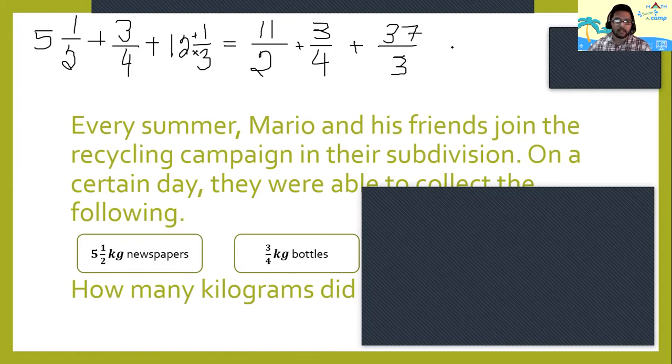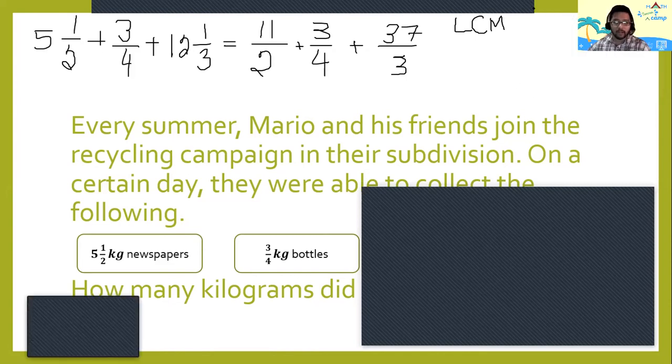Well done. Okay. So ngayon, paano natin i-add yan? Iba-iba yung kanilang mga denominator. So kaya natin hahanapin ulit yung LCM. Alam niyo na kung paano i-calculate yung LCM? Kunin niyo yung multiples and observe niyo yung smallest multiple that they have.